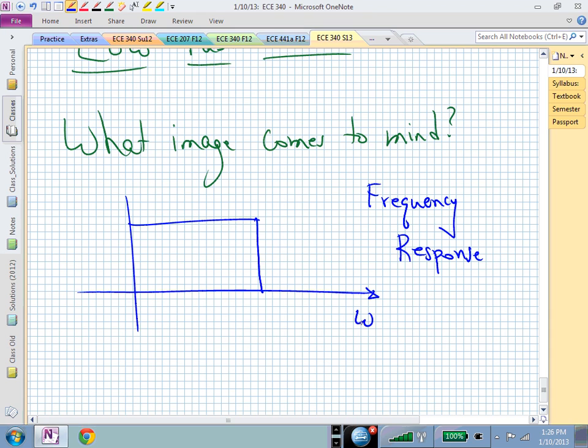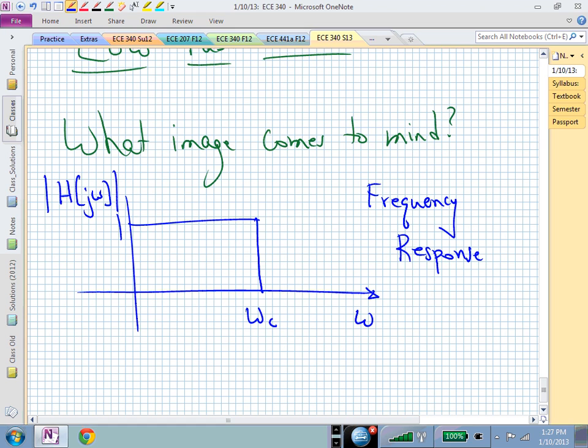That's frequency now, not time. And this might be the cutoff frequency, omega sub c, and maybe this is 1. Maybe I don't want to amplify or attenuate anything in that pass band. This is now h of j omega. That's the magnitude response of a low-pass filter.